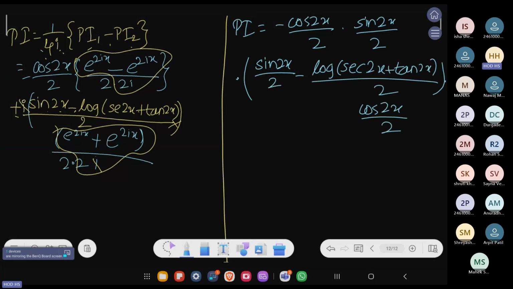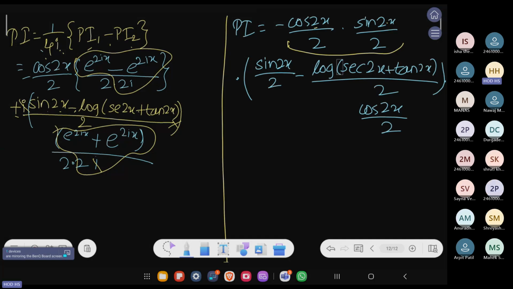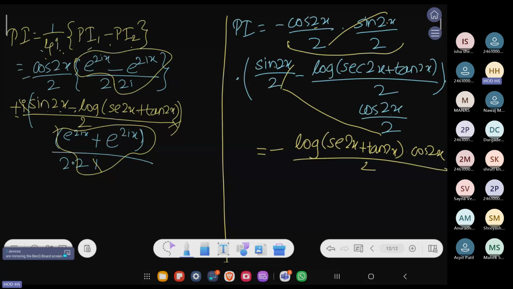Notice that I am having minus cos 2x by 2 into sin x by 4, and here positive of sin 2x into cos 2x by 4. So they will get cancelled. The only thing that will remain is minus log of (sec 2x plus tan 2x) into cos 2x divided by 4. And this big expression is my particular integral.